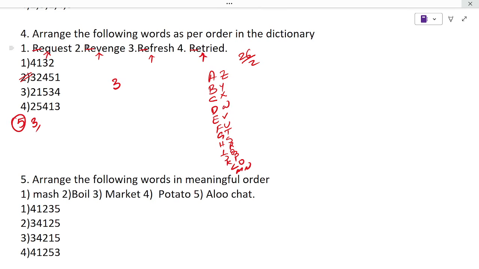Next, after Q comes V, because Q is in the first half and D is in the second half. So next would be option 4.